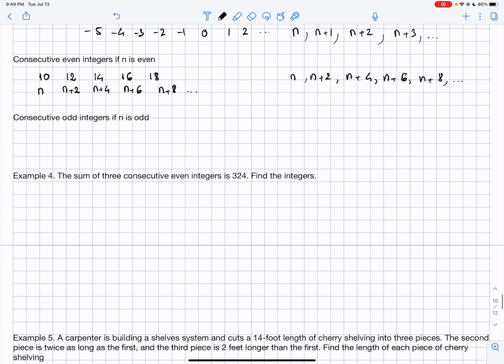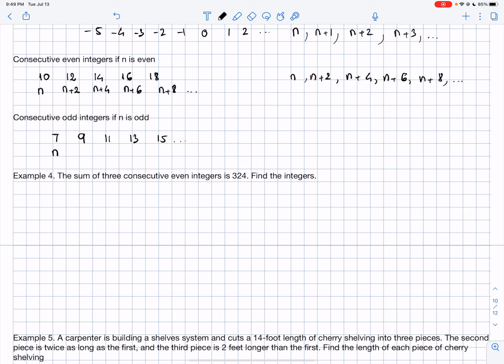Consecutive odd integers, if n is an odd number. So let's begin with an odd number like 7. Then the next odd integers will be 9, and then 11, and then 13, and then 15, and so on.